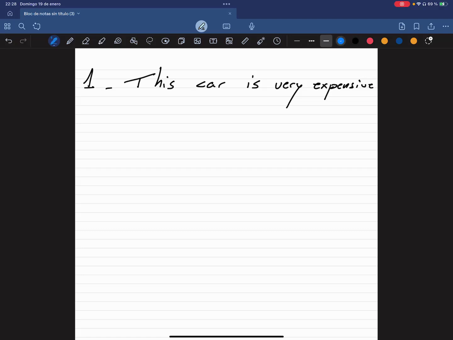We would say something like este coche es muy, how do we say expensive in Spanish? We say caro. Este coche es muy caro. This car is very expensive.